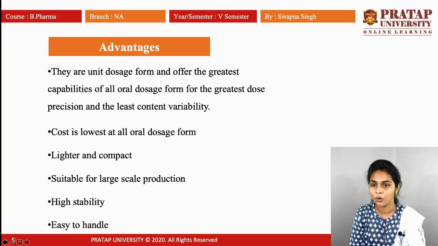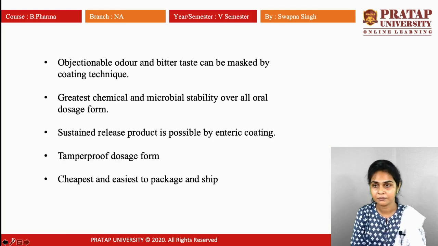Second, cost is lowest. As we all know, compared to other oral dosage forms, tablet cost is lowest. Next, light in weight and compact. Next, suitable for large scale production. Next, high stability. Next, easy to handle. Next, objectionable odor and bitter taste can be masked by coating technique.